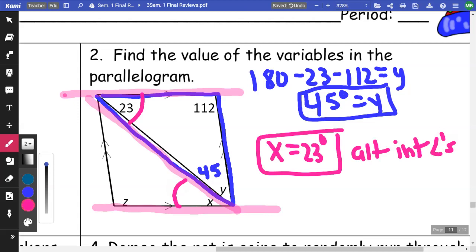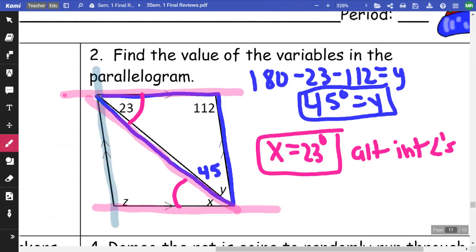Then I also have my z. So for that one, this time I've got this parallel line, and again, here is my transversal.